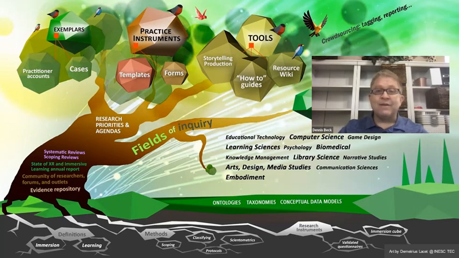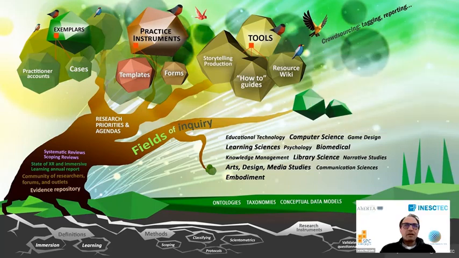Those leaves are the exemplars, the practice instruments, and the tools that are available to practitioners and researchers alike. And then you can see the birds which alight on the tree. Those are there for crowdsourcing, for tagging, reporting, and connecting all of these different things that are involved in the leaves. And now my colleague Lionel is going to explain a little bit more about the tree in depth.